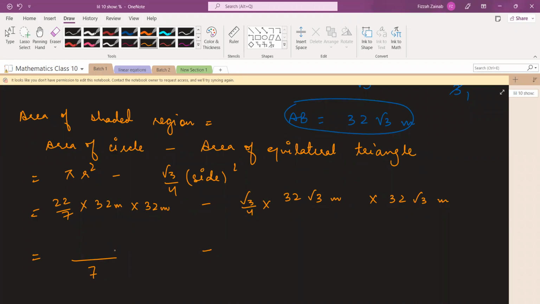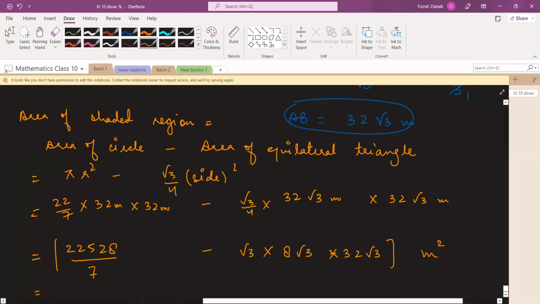Martin, quick. Ma'am, I'm getting 22528. Okay, that's fine, 22528. Now come here. This 132 can be divided by 4. So basically I now have √3 into 8 √3 and then minus multiply by 32 √3, and then meter square I can write outside, right?